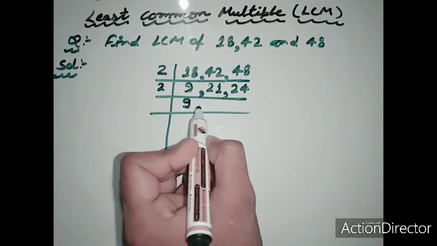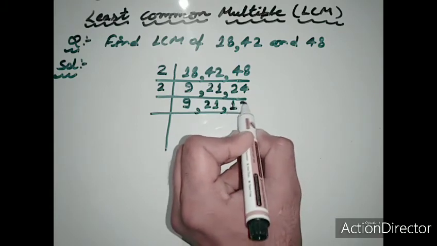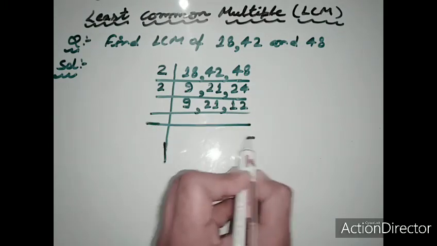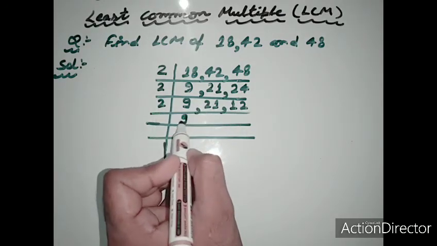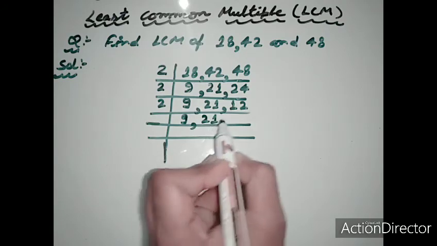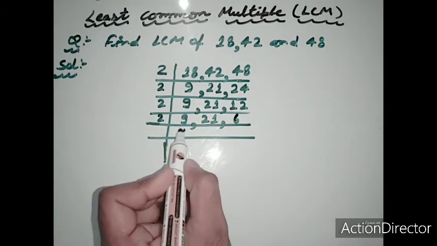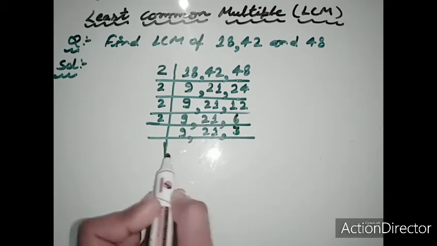So write the other number as it is here, 9 and 21, then 2 1s are 2 and 2 2s are 4. Now again, because this 12 is divisible by 2, write the other numbers as they are, and 2 6s are 12. This 6 is again divisible by 2, so write 9 as it is here, 21 as it is here, and 2 3s are 6.